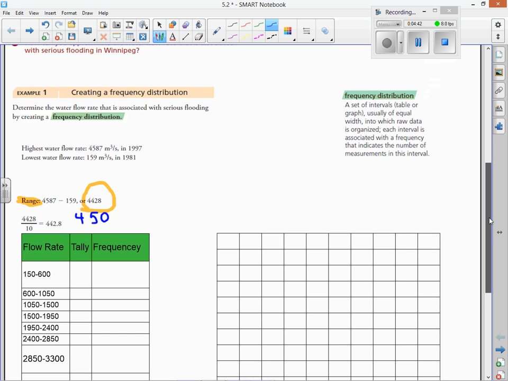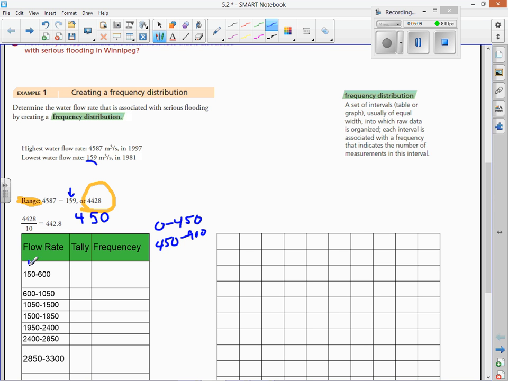Our lowest flow rate, again, was 159, so I'm not going to go from 0 to 450. You may think maybe I would go 0 up to 450 and count the number of times I have flow rates there, and then from 450 to 900. But I'm not going to start at 0 because our lowest flow rate, again, as I just said, was 159.